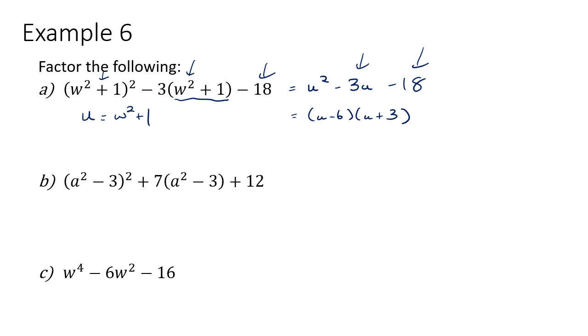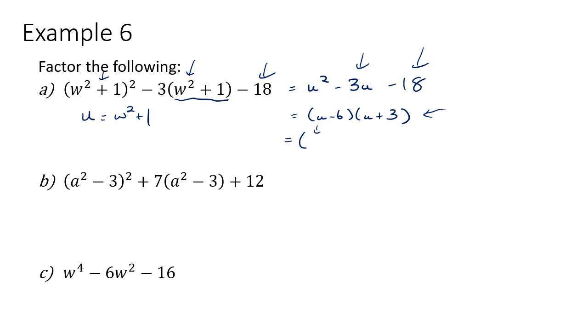But be careful, we're not done yet. We don't want to leave our final answer in terms of u because u was just a temporary placeholder. Once you factor, you reverse your substitution. We started by replacing w squared plus 1 with u. Now we're going to replace u with w squared plus 1.